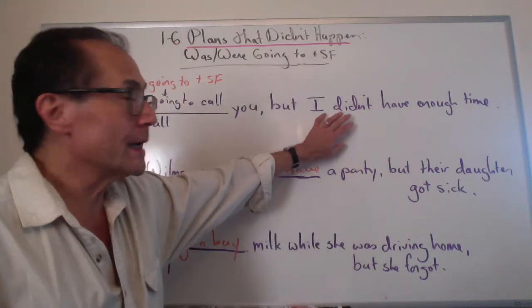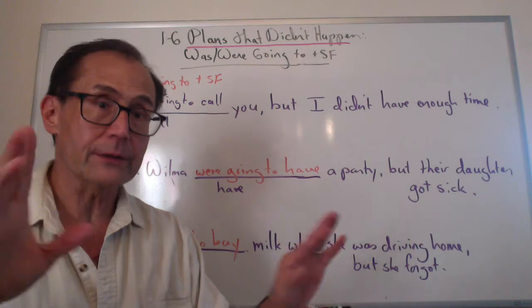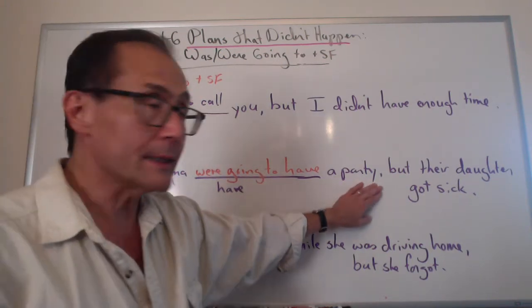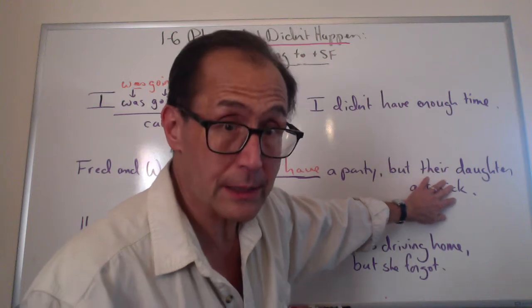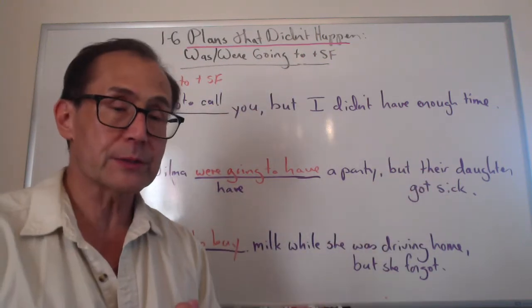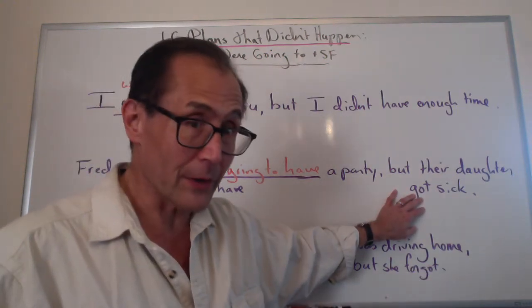So I very often will add a phrase to make it very clear this didn't happen. Fred and Wilma were going to have a party. And then I say, oh, but their daughter got sick. Again, but their daughter got sick makes it clear to an English speaker, oh, this didn't happen. This was the reason they didn't have the party.